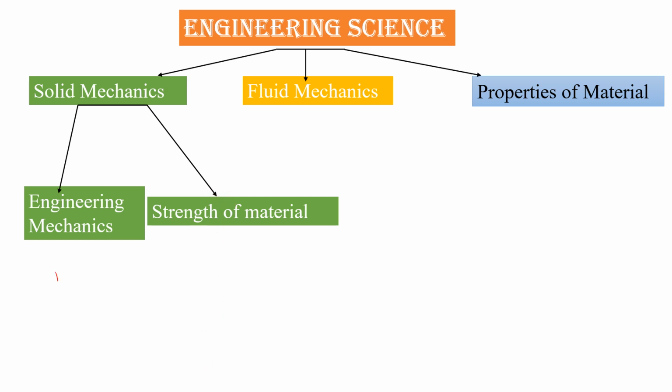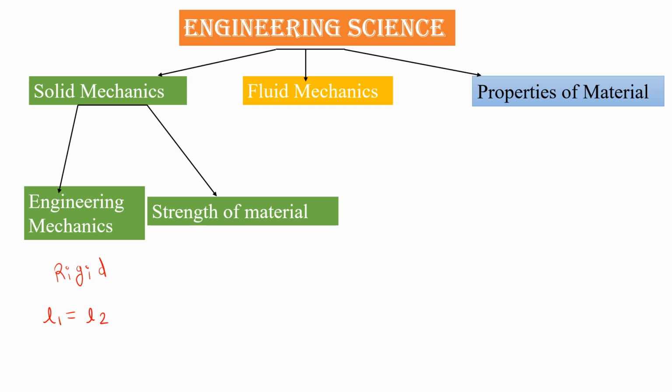So first of all, what is a rigid body? A rigid body is a body in which the length before applying a load and the length after applying a load, and after removal of that load, is the same.